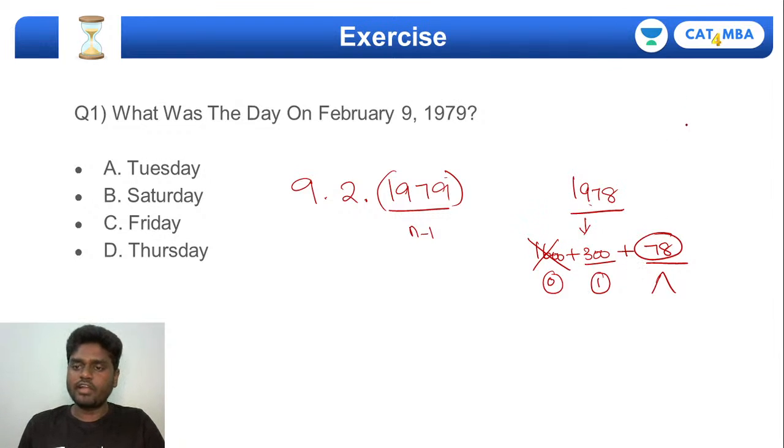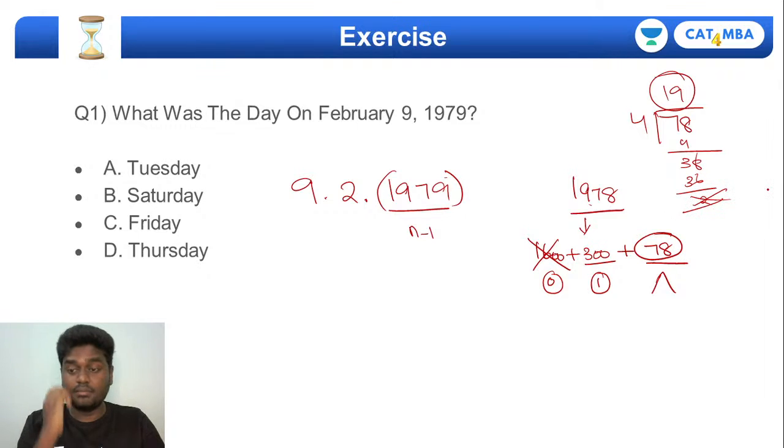If you want to find how many leap years, simply take 78 and divide it by 4. This will give you 19. You don't care about the remainder, whatever the case may be. So I can say that you have 19 leap years in the 78 years.